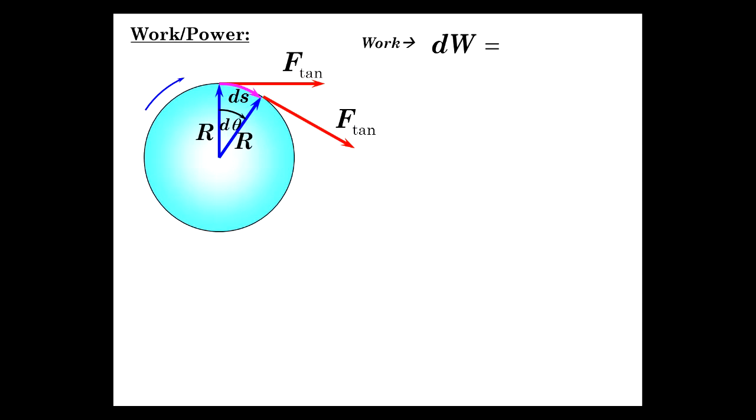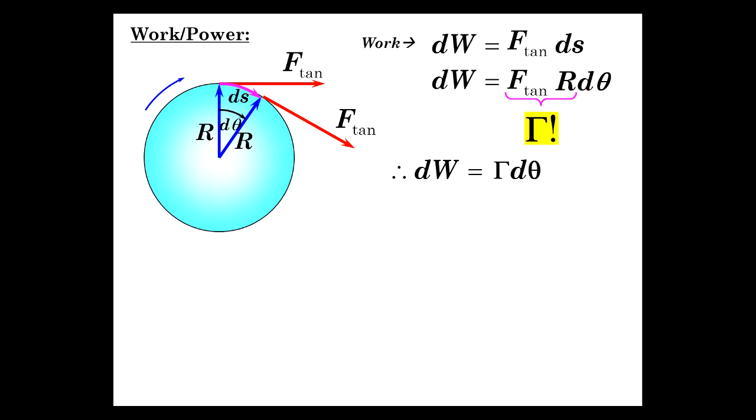So the differential work done in passing through d theta and moving ds is f tangential ds, which of course, ds is r d theta, so it's f tangential r d theta. And you know what f tangential r is, since they are perpendicular to each other. R cross f, that is torque.